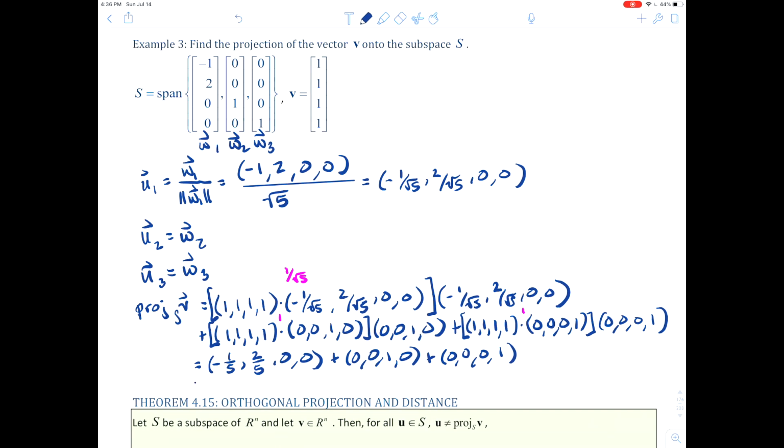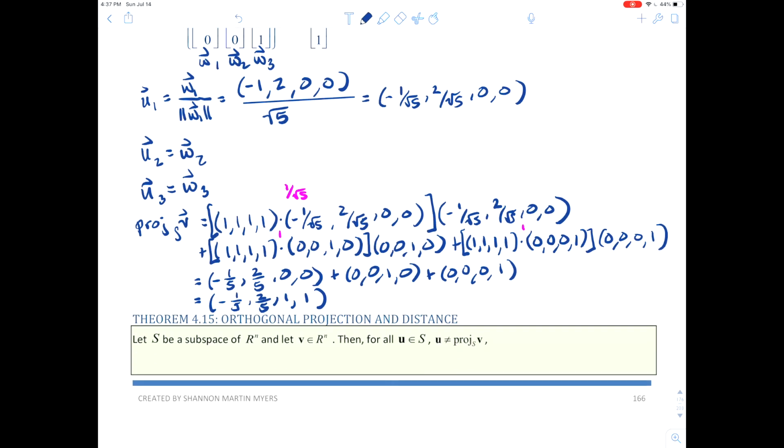So our end result for this, the projection of V onto the subspace S, is what? -1/5, 2/5, 0, nope, 1, 1, and 1. Groovy? Now we have to transpose it.